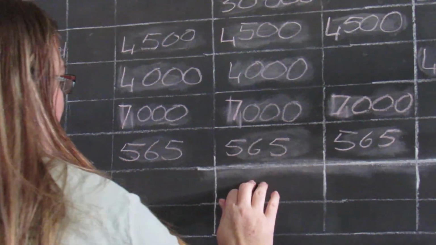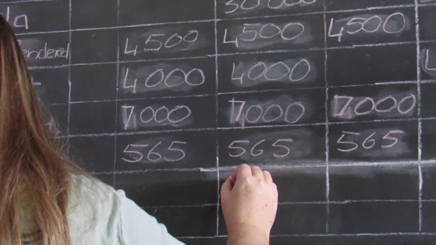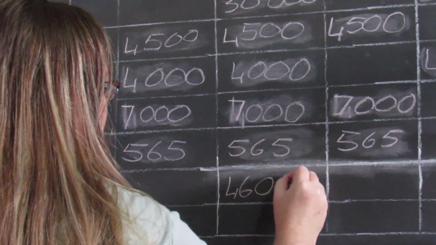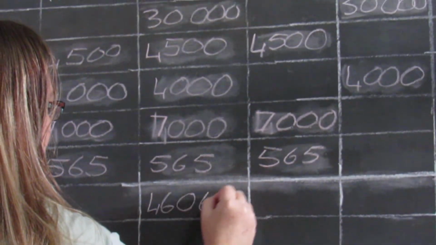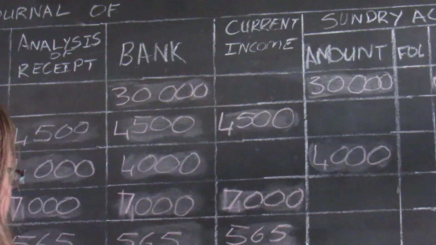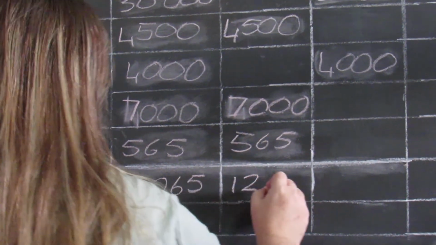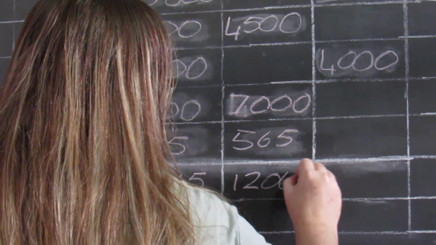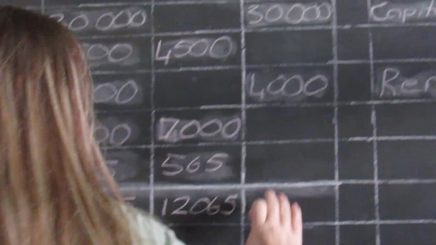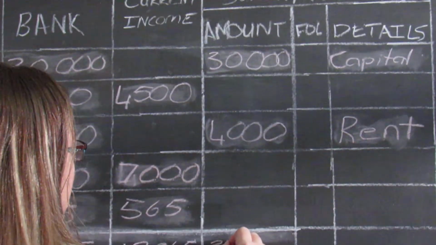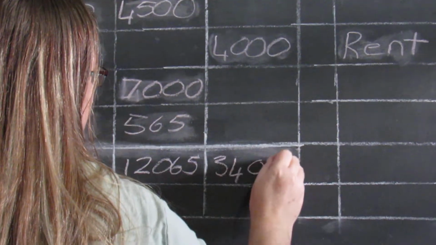We do add up the bank total, which is 46,065 Rand. You do add up the current income, which is 12,065 Rand, and the sundries account, which is 34,000.